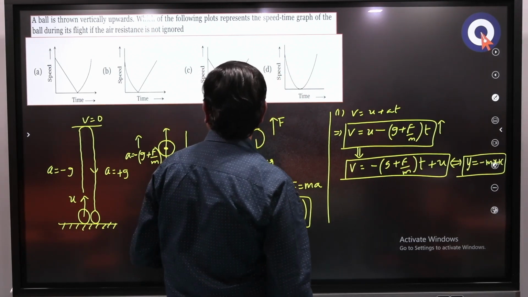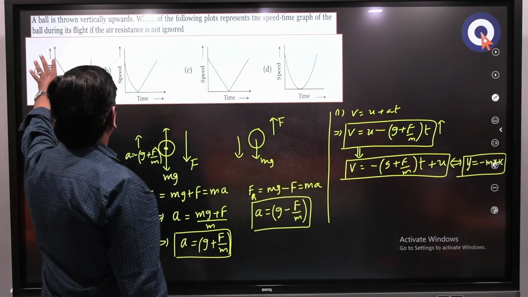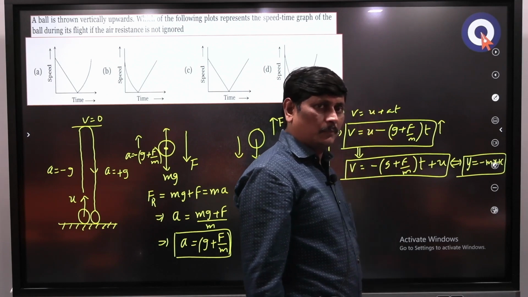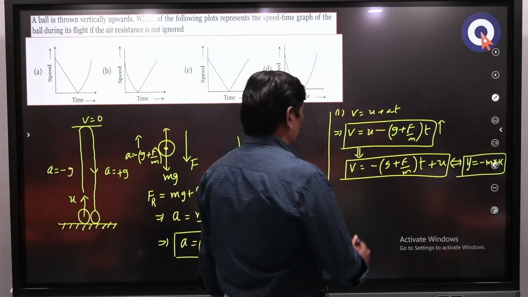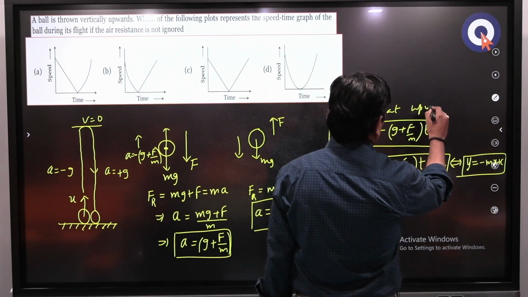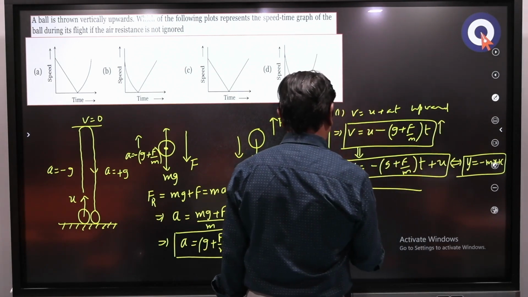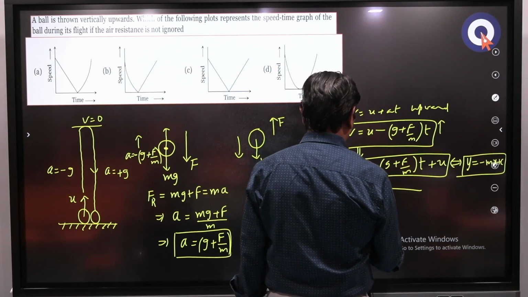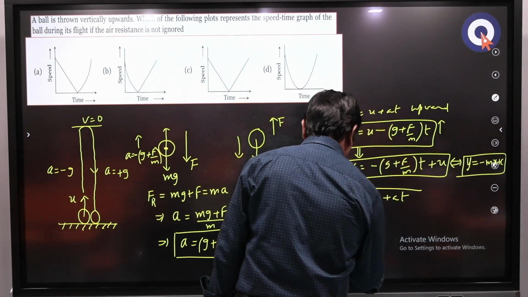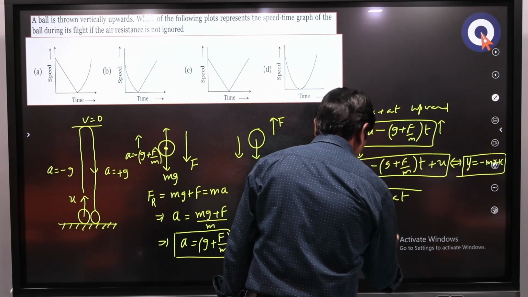Okay. So which one is correct? Up to half part this is correct because we are writing this equation. This is for upward. When you write for the downward, again V is equal to U plus AT. For the downward journey, what is the initial velocity? 0.